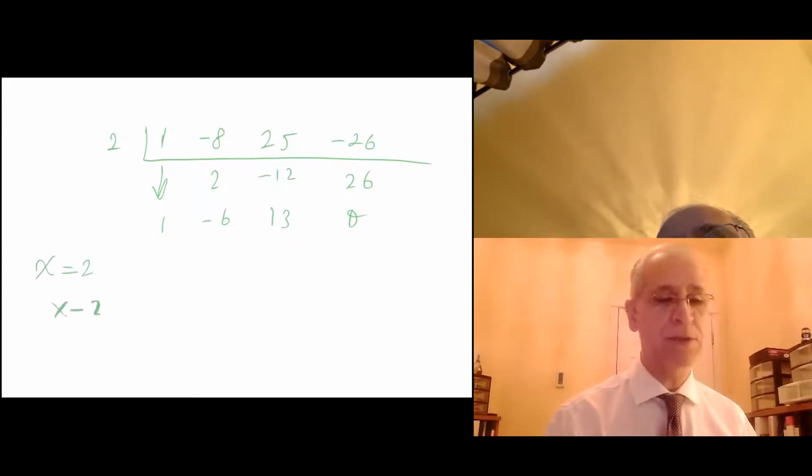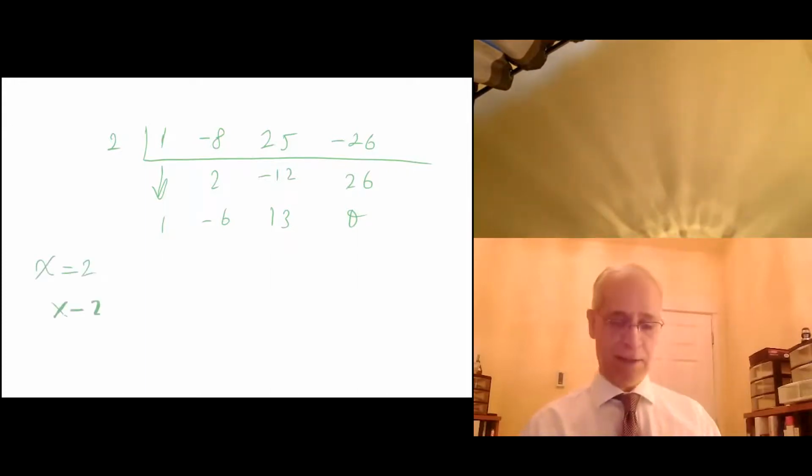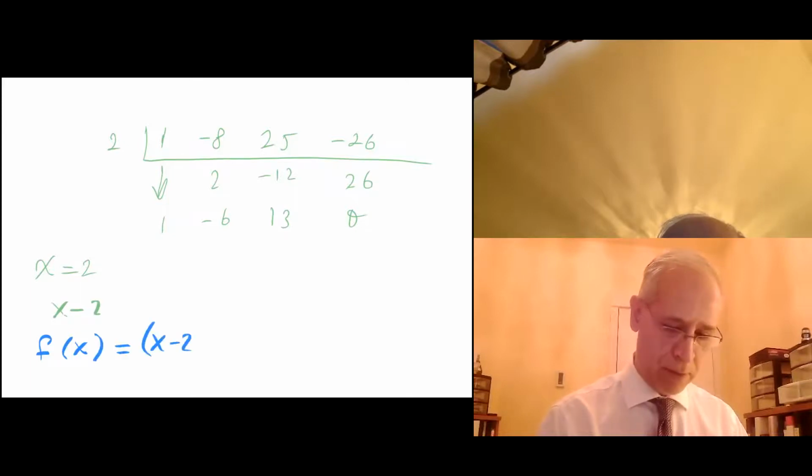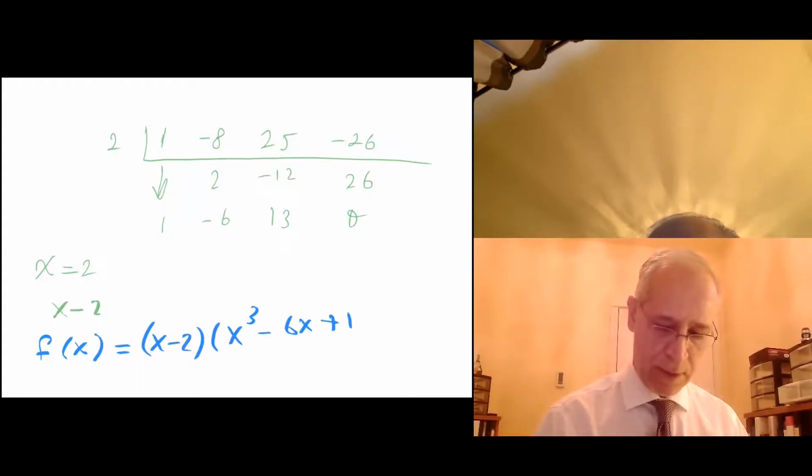So x minus 2 is a factor. Now I can rewrite f of x as x minus 2 times x to the second minus 6x plus 13.